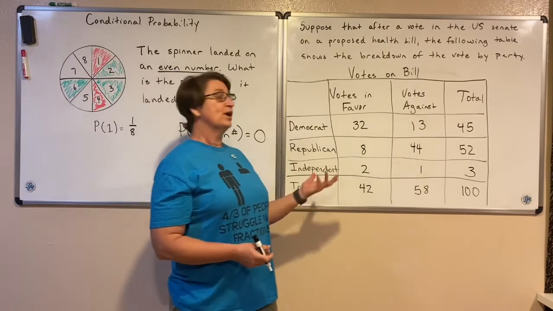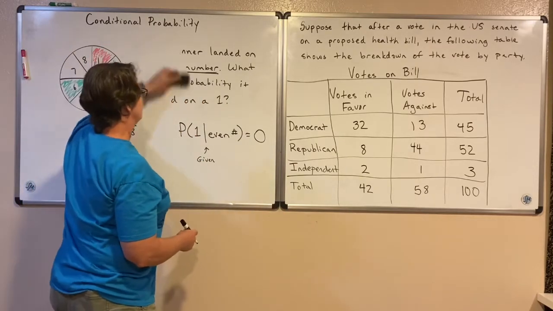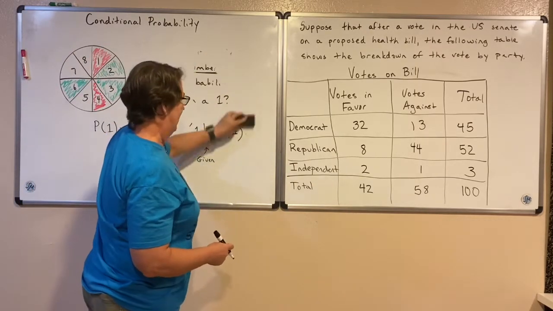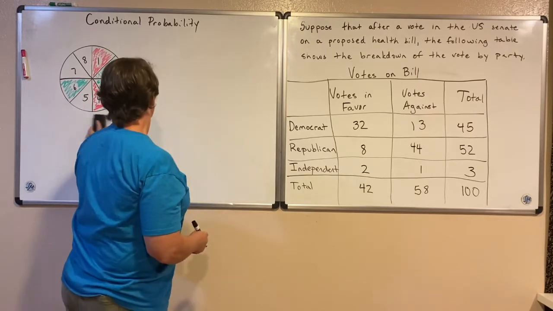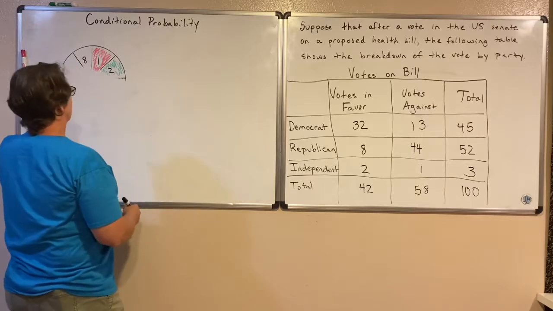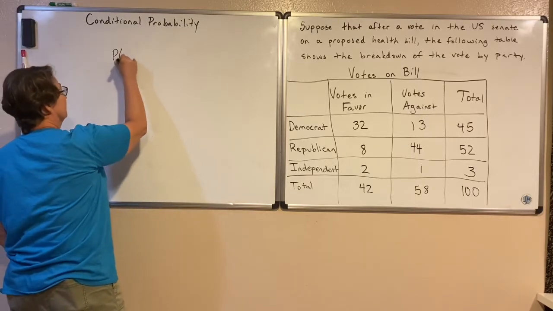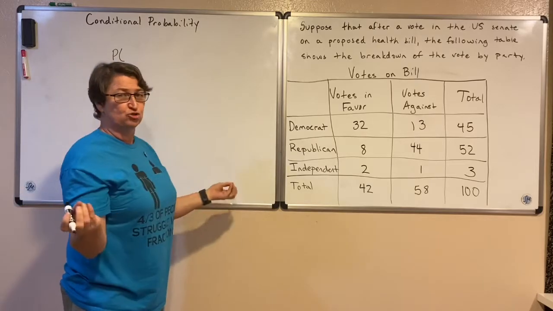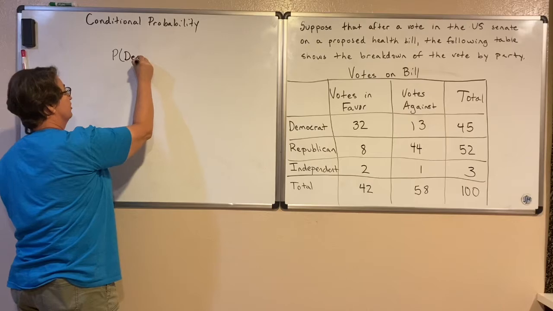Okay, so here, let me just ask you some different probability questions just based upon that chart. For instance, if I asked you, what's the probability that we randomly choose a senator? We're just going to randomly choose one of the senators out. I want to know, what's the probability that they're a Democrat?